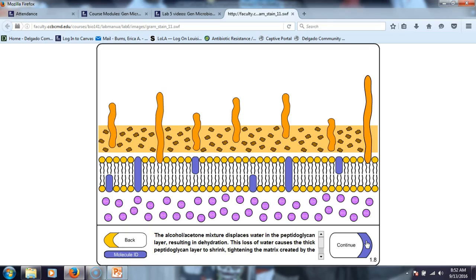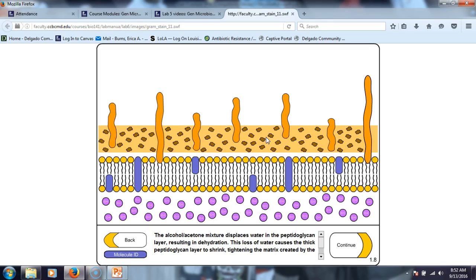Mm-hmm. So what changed? What is this stuff? Cell wall. Peptidoglycan for bacteria. It did what? It shrunk. So you notice the spaces between the molecules also got smaller.